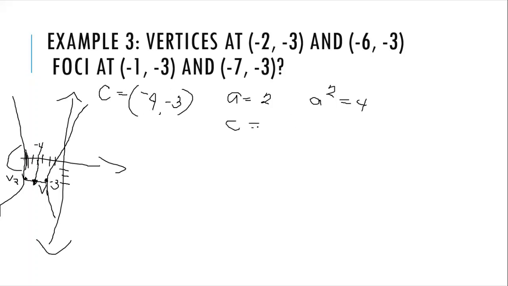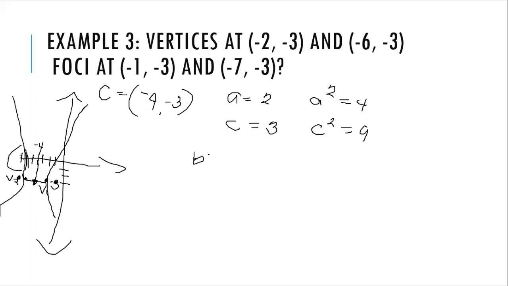Our c or our foci at negative 1, 3. So here, foci 1. And then foci 2, negative 7, 3. From foci 1, how many steps am I going to make para po ma-reach ko si focus 2? 1, 2, 3, 4, 5, 6. So 6 steps divided by 2, I have 3. Then c squared is 9.